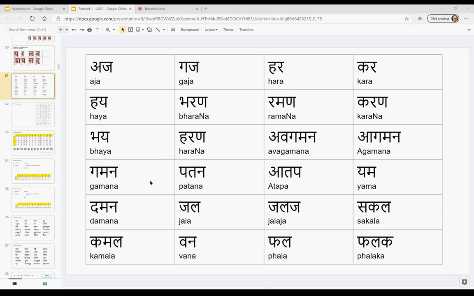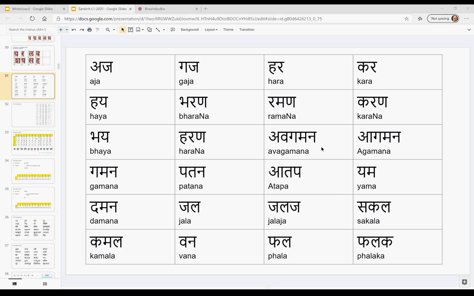So when we say Aja, when you write it like this, this is the script. But if we Romanize it, if you write it in the Roman letters, it is like a spelling, right? It has A, J, and A again. Making it into sound, it has the sound of a vowel, a consonant J, and again a vowel.